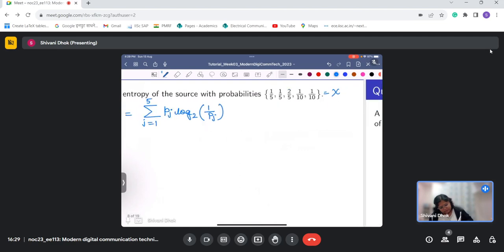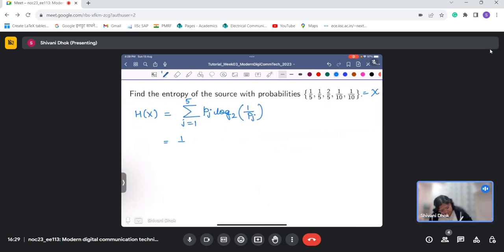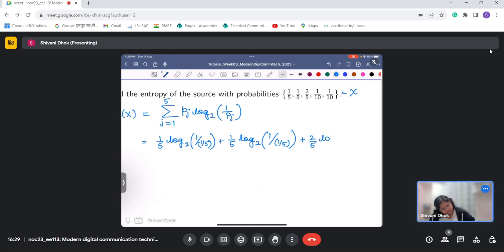So using this formula, we have 1 by 5 into log to the base 2 of 1 upon 1 by 5, plus 1 by 5 log to the base 2 of 1 divided by 1 by 5, plus 2 by 5 log to the base 2 of 1 divided by 2 by 5, plus 1 by 10 log to the base 2 of 1 divided by 1 by 10, plus 1 by 10 log to the base 2 of 1 divided by 1 by 10.